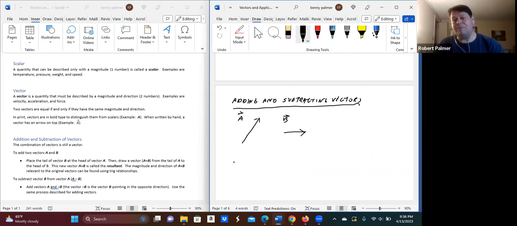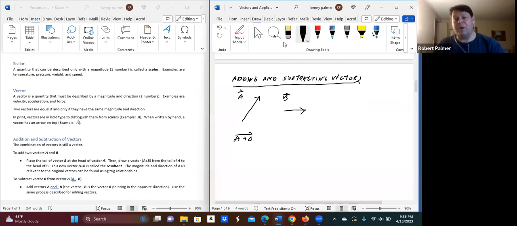Now, if I do A plus B, that's actually a new vector, which will most likely have a new direction and a new length. Imagine if these are two forces acting on a common point. Then we expect that it's going to be pulled or pushed somewhere in this direction, in between the two forces.